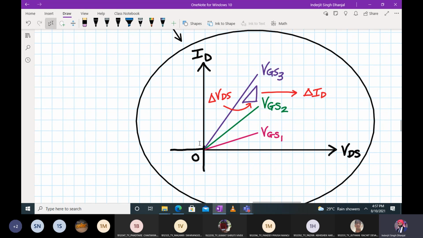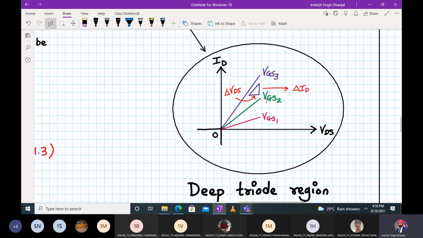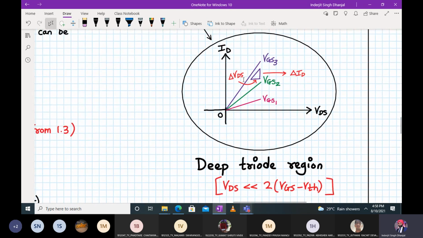If you see carefully, the relation between your current and your voltage is a linear curve. That means we will have a resistance-like behavior here. Delta VDS upon delta ID will be a resistance, and that is your R on. So this is your deep triode region. It is not visible in the entire output characteristics, but it is visible when you expand it.